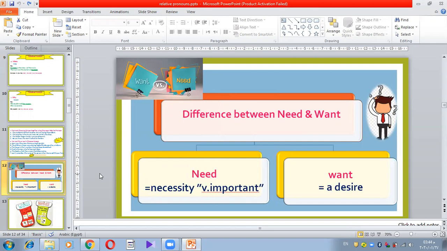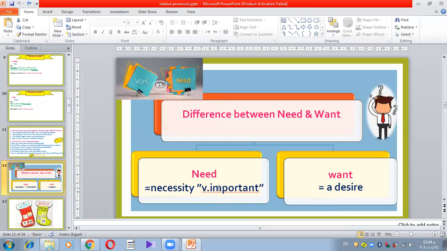No, it's a necessity. It's very important for them to live. So we can say we need water to live, not want. Want is just a desire, something that you desire, maybe to make you feel happier, but not a necessity, not very important for you to live.